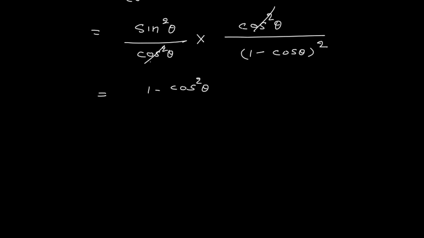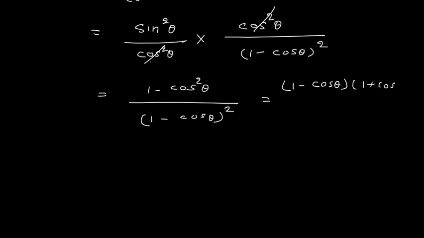So sin square theta can be written as 1 minus cos square theta, and here denominator is (1 minus cos theta) the whole square. So 1 minus cos square theta can be written as (1 minus cos theta) into (1 plus cos theta). You can apply the identity.